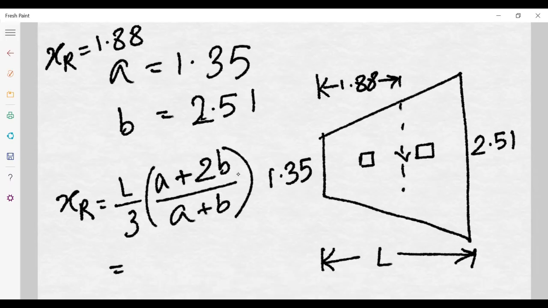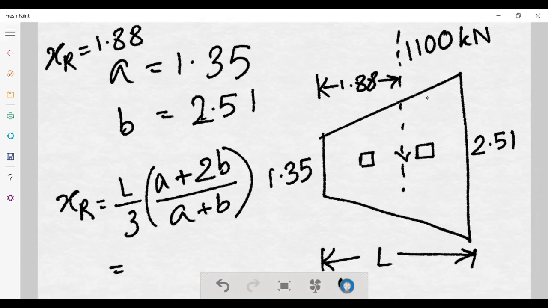Now, if I put the new values of A and B, which are 1.35 and 2.51, in this equation and get a new value of XR, and if it is somewhere near this 1.88, through which this 1100 load is actually falling, then we can say that yes, almost fine. It can be flipped.